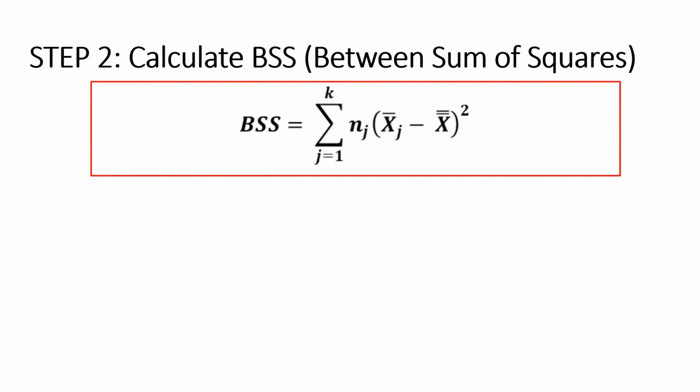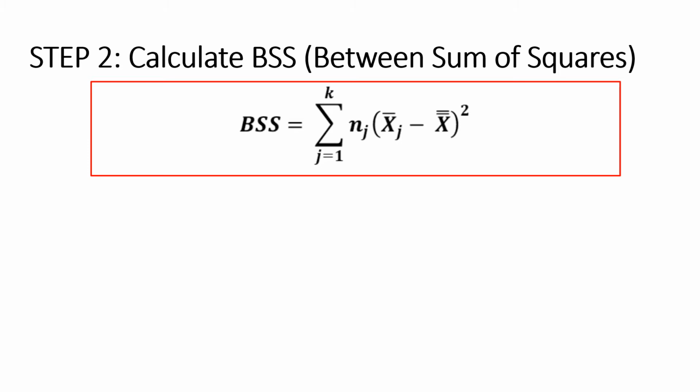Okay, step 2. Calculate the BSS, which is the between sum of squares. What it's doing is saying that we sum up, performing this operation for each of our groups. So Nj, that would be N1, N2, and N3, the number of observations in each group. And this x bar j, the sample mean of j, is just the sample mean of group 1, then group 2, then group 3.